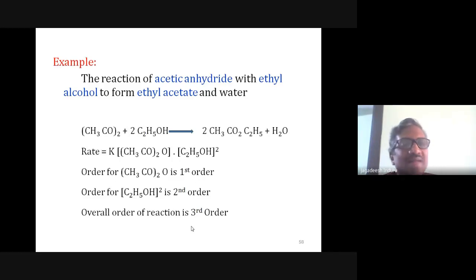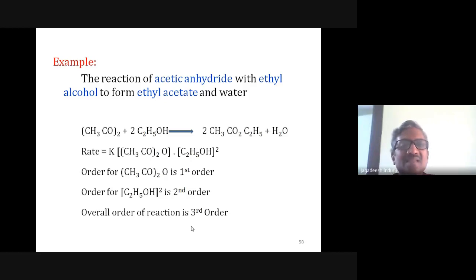If you want to write the rate as per the previous one, we apply the k, and 1 mole means the concentration of acetic anhydride to the power 1, which is the same concentration. Anything to the power of 0 is equal to 1, which we have already clarified. Here it is power 1, so we write the same thing. Whereas the ethanol has power 2.